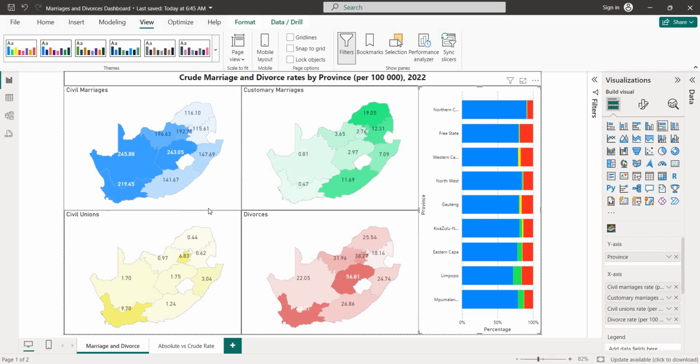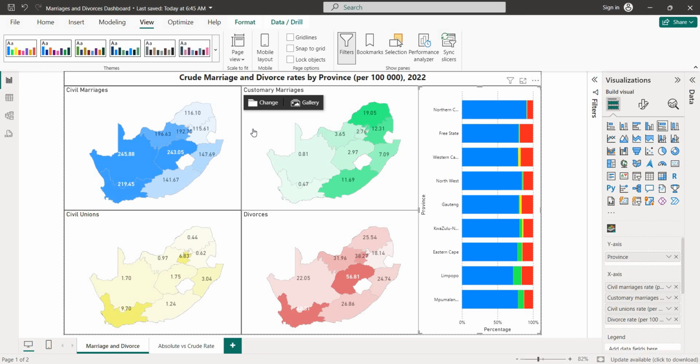This is done in the same format as the release, where we look at civil marriages, customary marriages, civil unions, then divorces. Looking at the civil marriages, we see higher rates in the western part of the country and lower rates in the eastern.